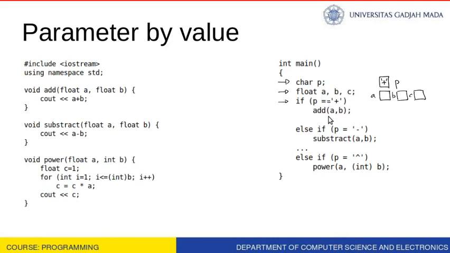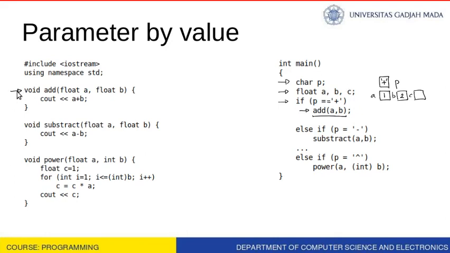Then we go to the fourth line, which is a function call to add. So we will jump to this line, and here I give a value in A and a value in B, suppose 1 and 2, even though I haven't written it in this program.